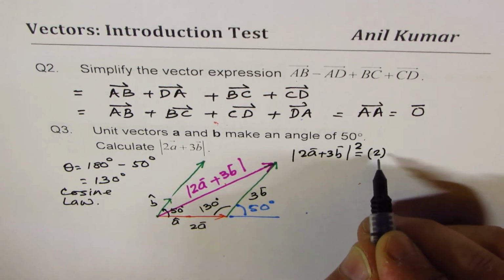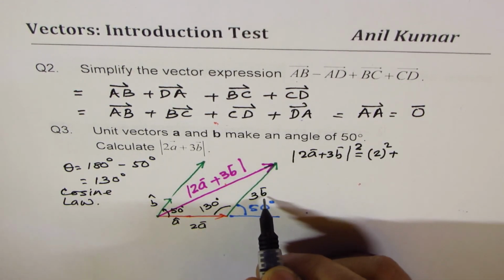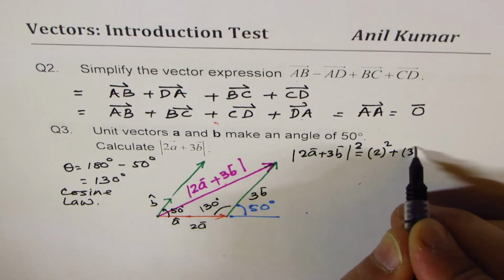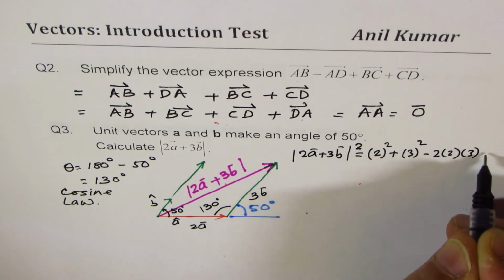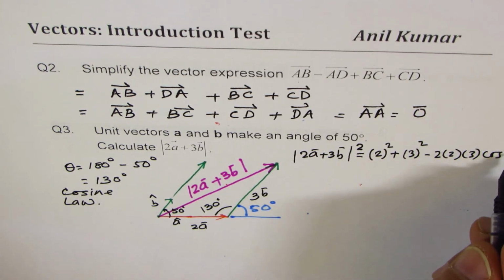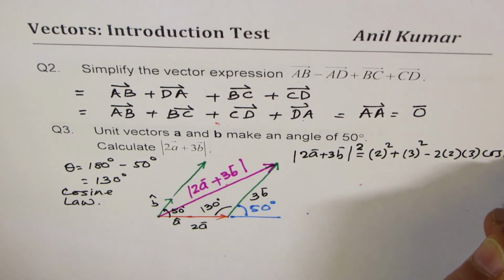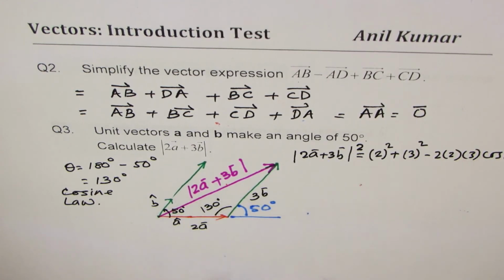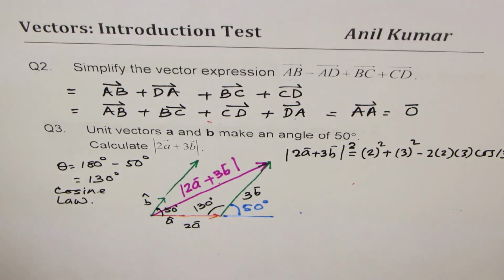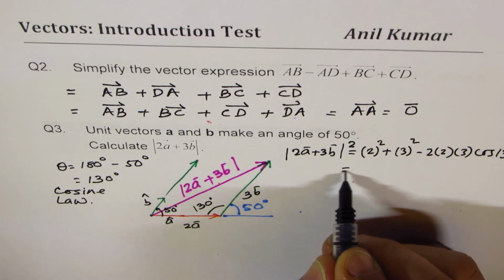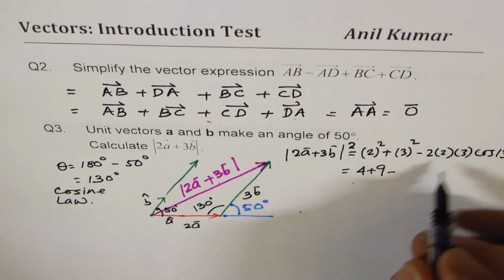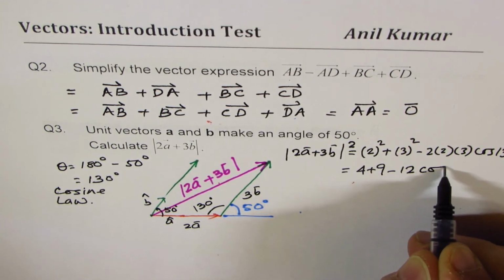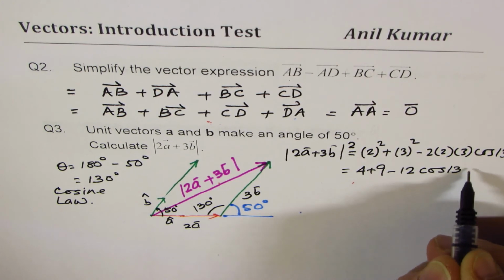So it is 2 square plus 3 times b magnitude becomes 3 square minus 2 times 2 times 3 times cos of theta, which is 130 degrees. Is it okay? So that is what we get, right? So we get this as 4 plus 9 minus 12 cos of 130 degrees.